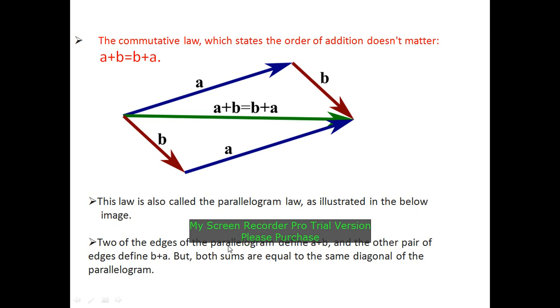Two of the edges of the parallelogram define A plus B and the other pair of edges define B plus A, but both sums are equal to the same diagonal of the parallelogram. So it is the same, and that is why A plus B is equal to B plus A. This is also known as the resultant vector.